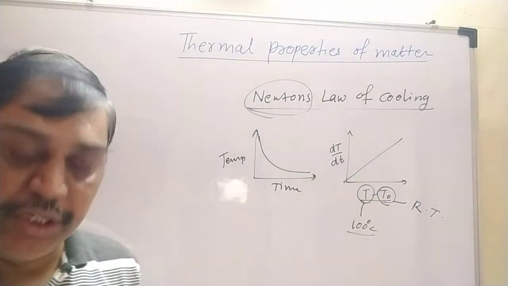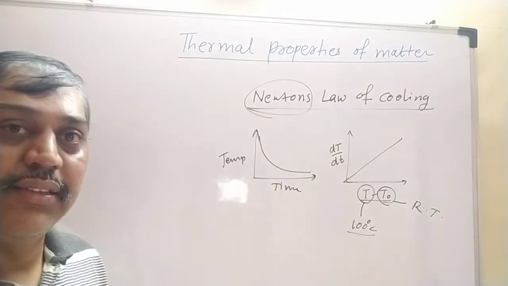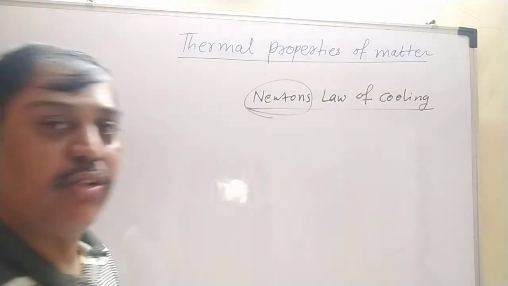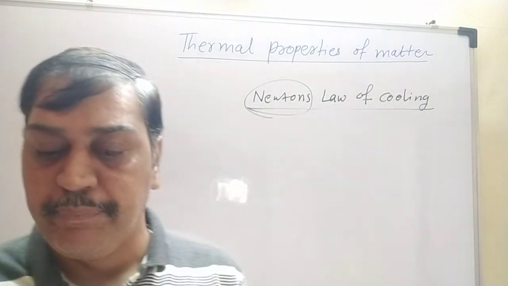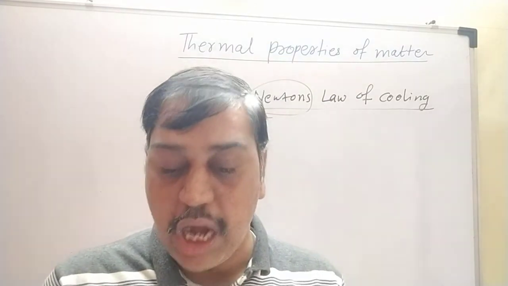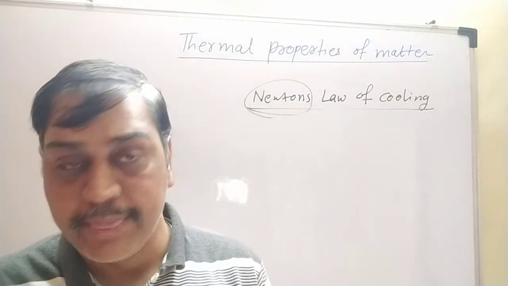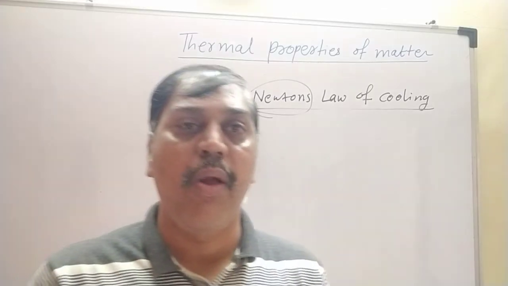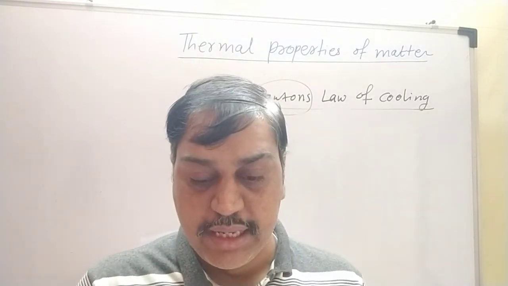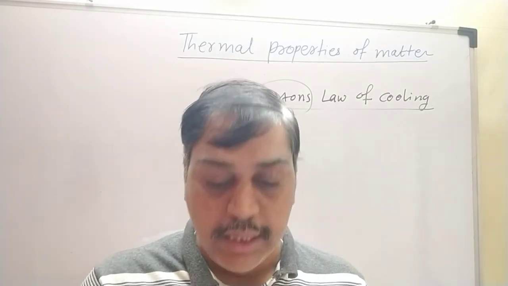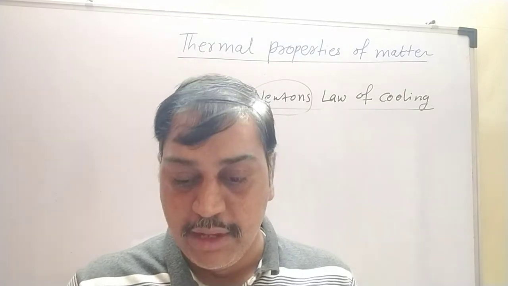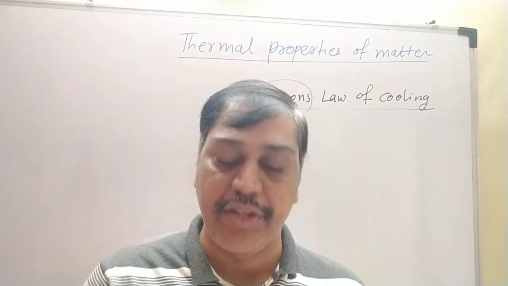From this observation, experiment and graph, he invented one law, a generalized law: Newton's law of cooling. What is Newton's law of cooling? See page number 139, right hand side at the top. According to Newton's law of cooling, the rate of loss of heat of a body is directly proportional to the difference of temperature of the body and its surroundings, provided the difference of temperature is small.